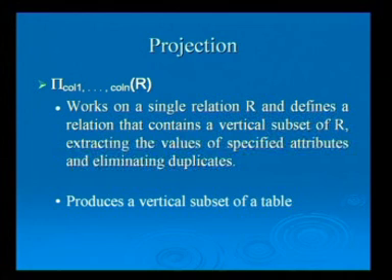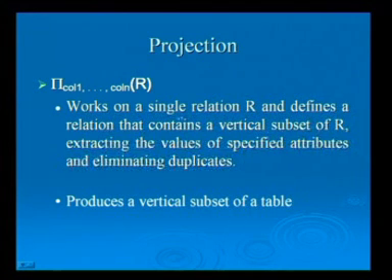Now, let us explore another relational algebra operation, that is projection, and here the symbol is pi, and then you have to give the attributes that you want to select, and then it is applied on a relation. As I explained before, these are all unary relational algebra operations.